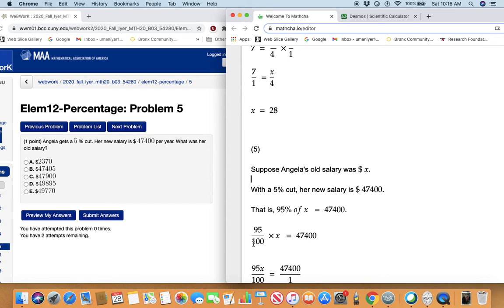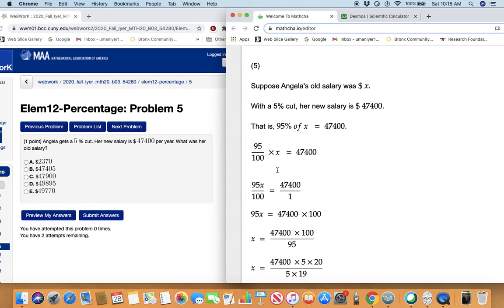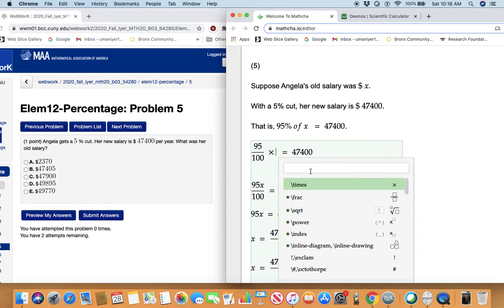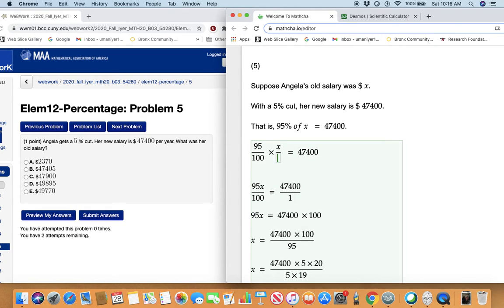95% of X is 47,400. Percent means out of 100, of means multiplication, X is X, equal is equal, 47,400. So now 95 over 100 times X. X has to be thought of as a fraction, X over 1.